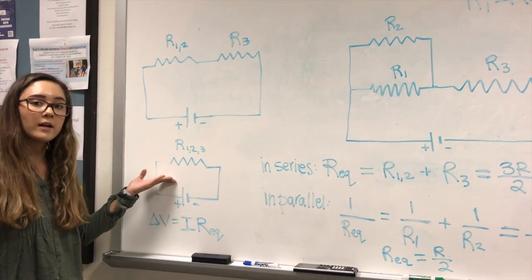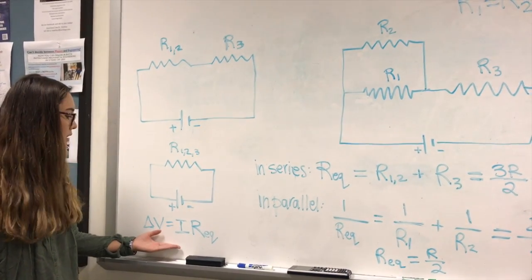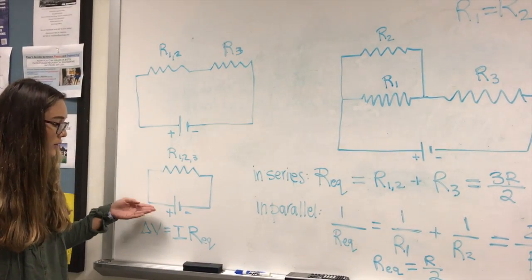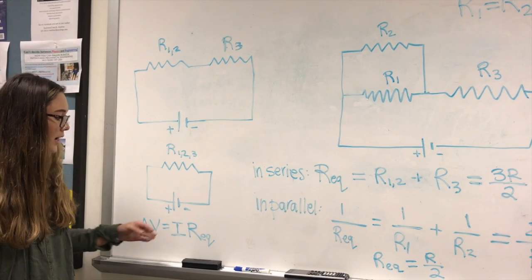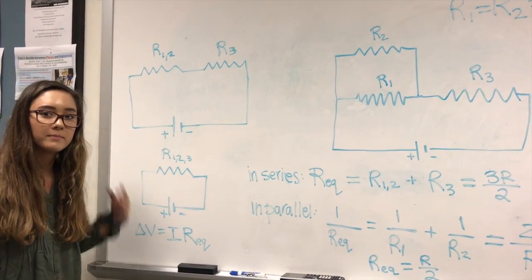Once we get a circuit that's simplified to this, we're able to use Ohm's law to find current if we know the voltage of the battery. And keep in mind that the equivalent resistance is measured in ohms.